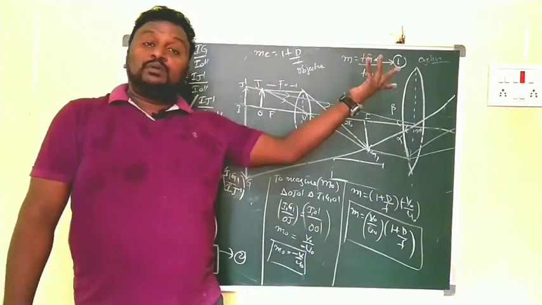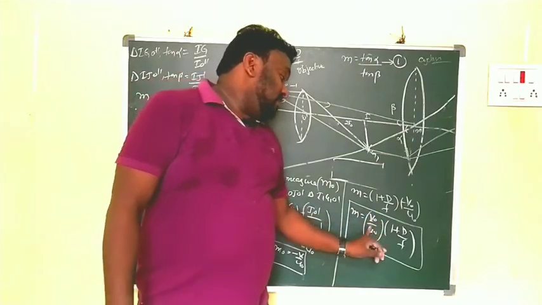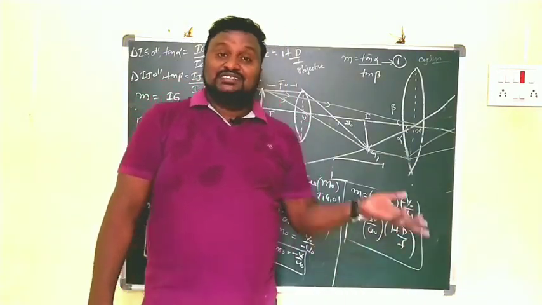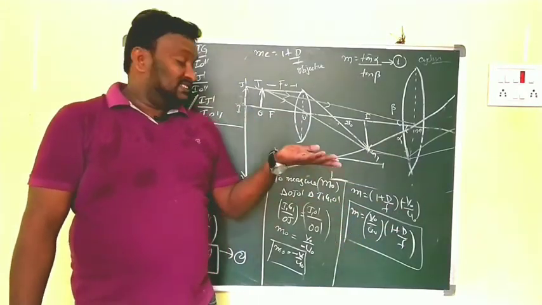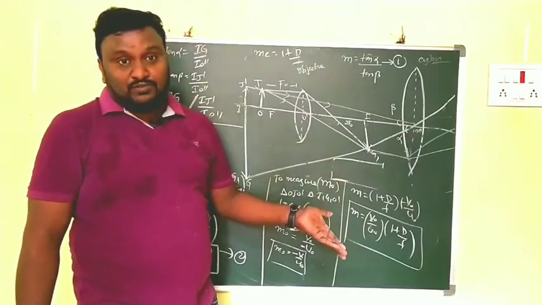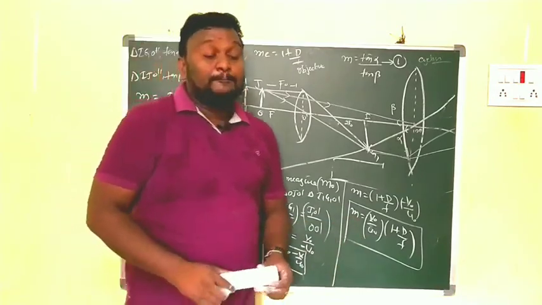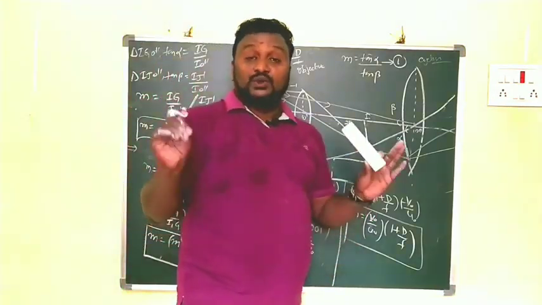If you go for the compound microscope total, then what you get? V0 by U0 into 1 plus D by F. So children, this is the expression for the magnifying power of the compound microscope.